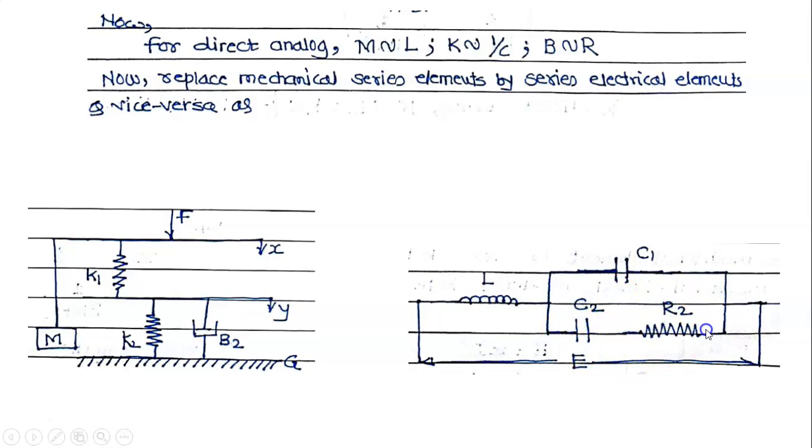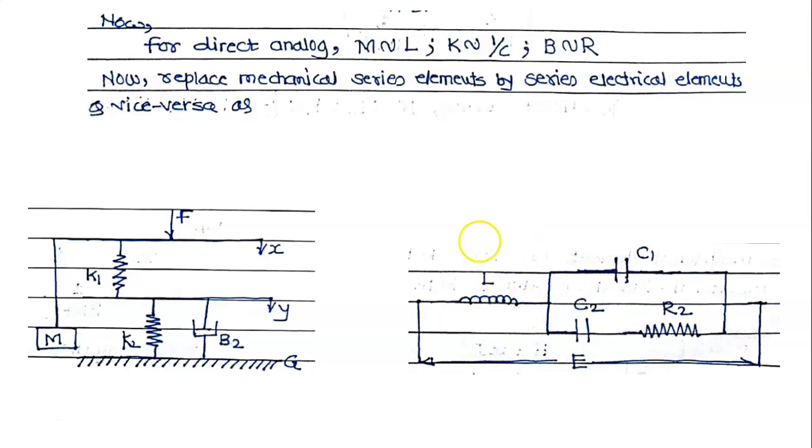C2 and R2 should be shown in series. And C1 should be in parallel with C2 and R2, because K1 is in parallel with K2 and B2. Therefore, draw C1 in parallel with C2 and R2. Therefore, this is the end of the analogies. Thank you very much.